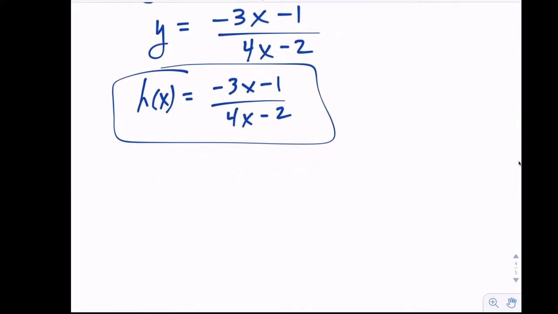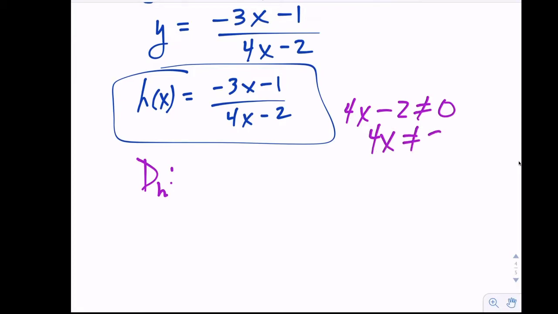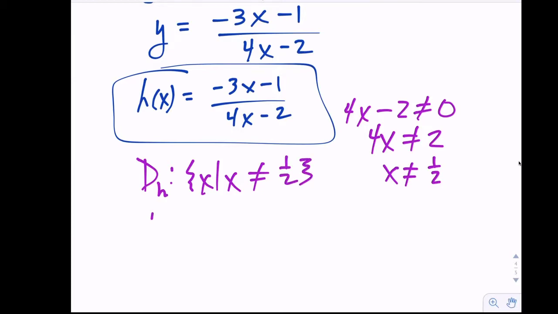Let's come down here. If I find the domain of H algebraically, I know that 4x minus 2 shall not equal 0, right? It's the denominator. So that means 4x shall not equal 2, x shall not equal 2/4 or 1/2. Is that the same as above? Yes. Sure is. And the range of H, it's another linear function over another linear function, so this again is another transformation of 1 over x.